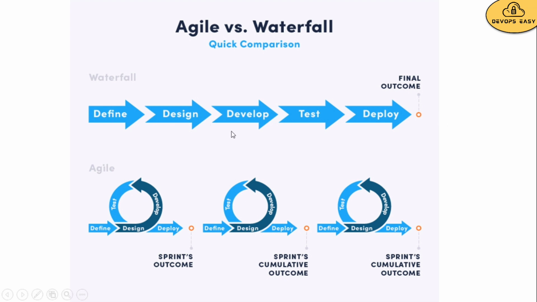Here, in the waterfall model, they used to take 1 year and follow some process. Coming to Agile, they split it into different pieces and develop step by step. The process has changed, but the way of work didn't change.